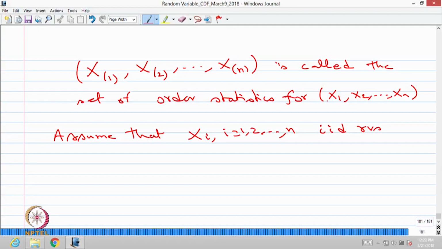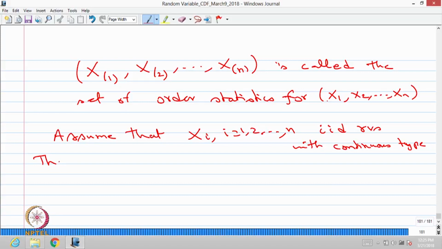That means each random variable has the same distribution and all the random variables are mutually independent, having identical distribution. Therefore, they are called IID random variables with continuous type. That means all the random variables are of the continuous type as well as IID.